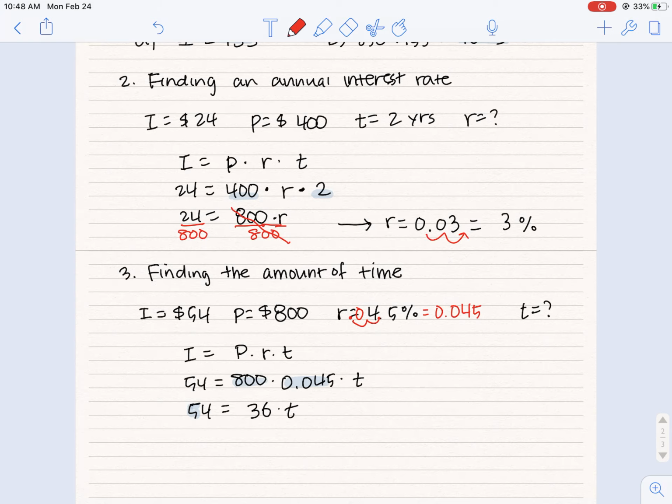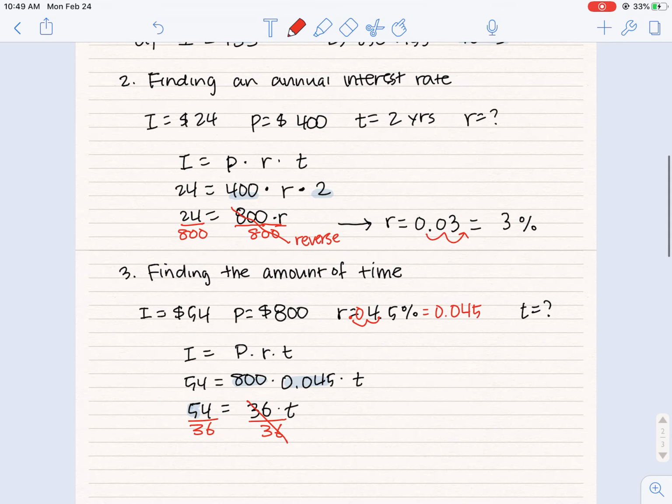Okay, so after this, same operation as I did on the top with the rate, I am going to divide both sides by 36. Why? Because I want to get rid of 36 by doing a reverse operation.